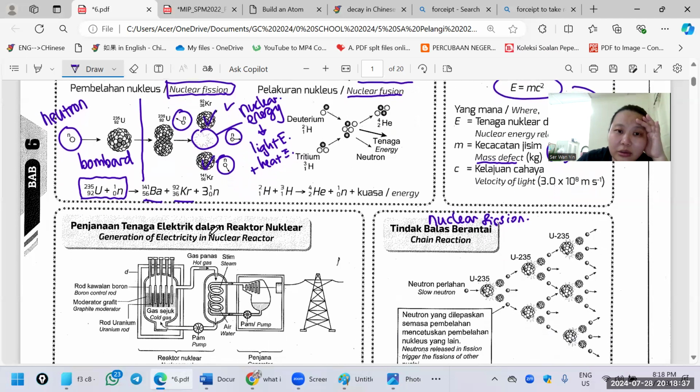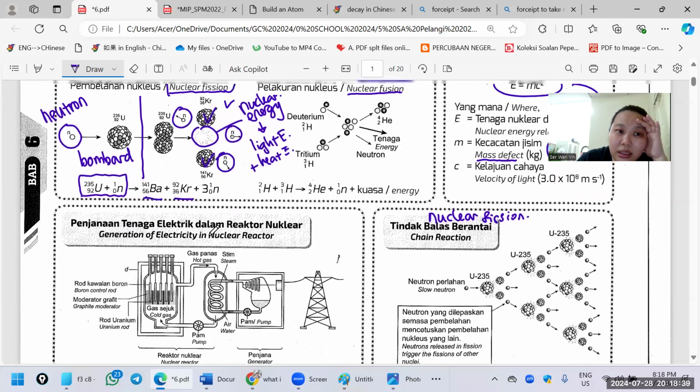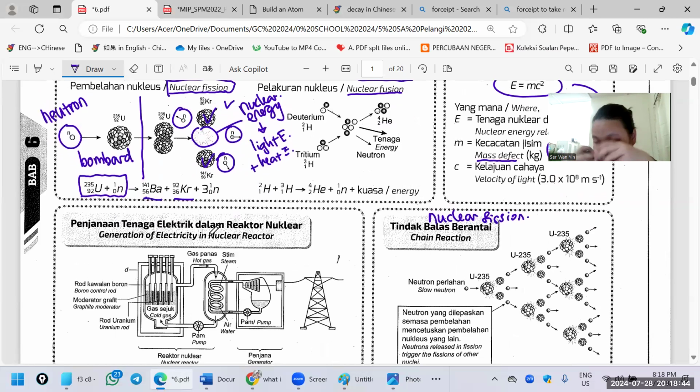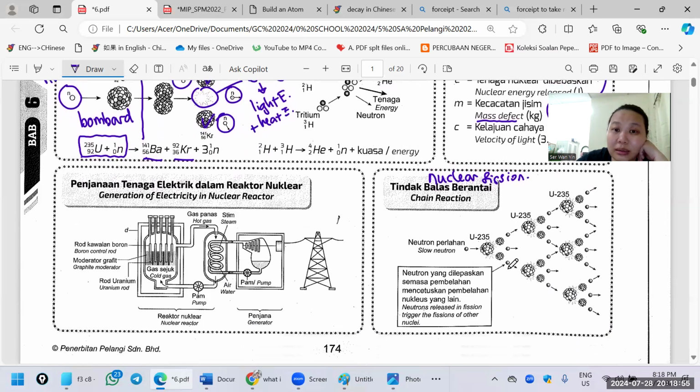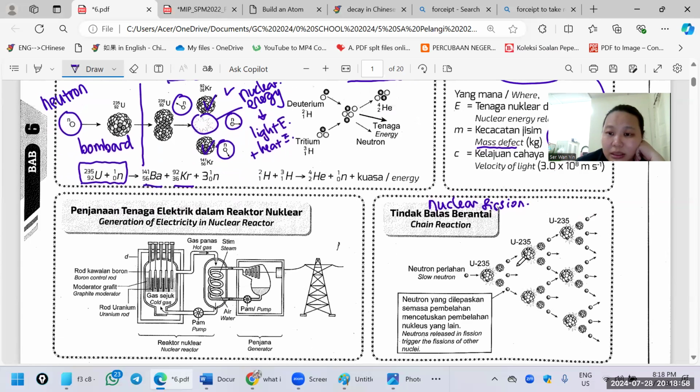Okay, then as you know, atoms not only exist as one, but normally exist in large numbers. So these 3 neutrons will continuously bombard the other uranium nearby, then it will become another 3.